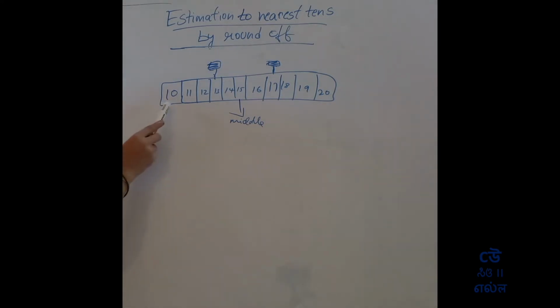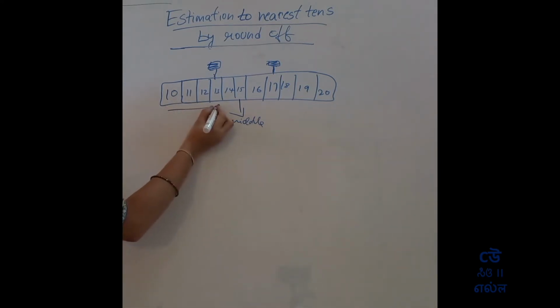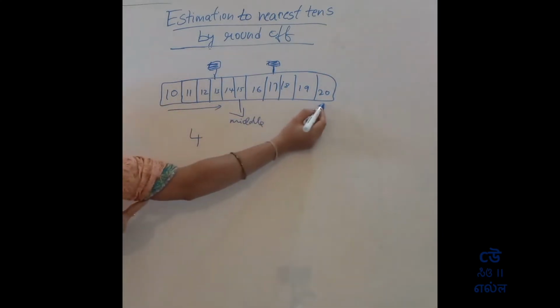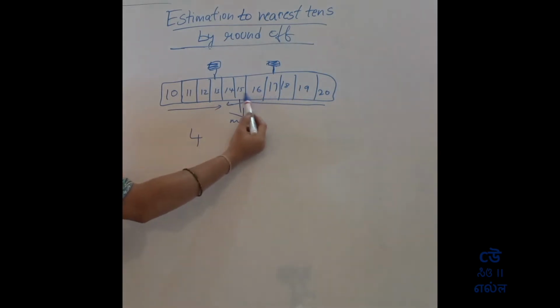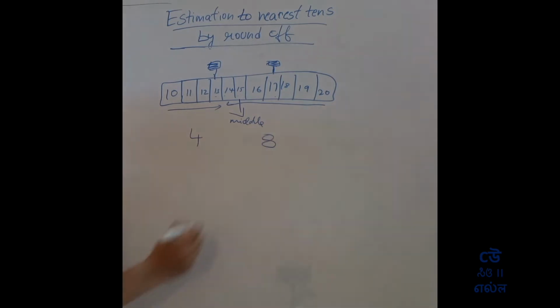See, from the beginning you count 1, 2, 3, 4. From this side if we count, we will get it in 4th place. Next, from this side if you count 1, 2, 3, 4, 5, 6, 7, 8. 13 is in which place? 8th position. So in 4 and 8, which is the smaller number, children? 4. 4 is the smaller number.